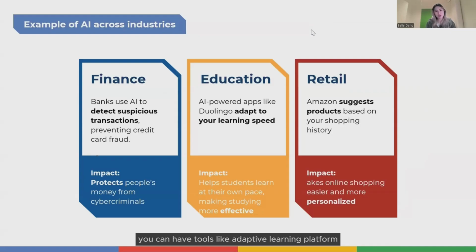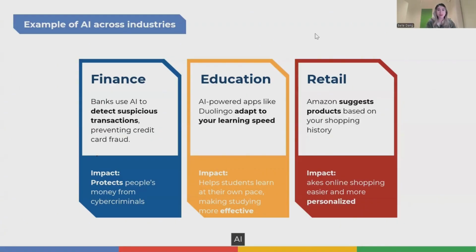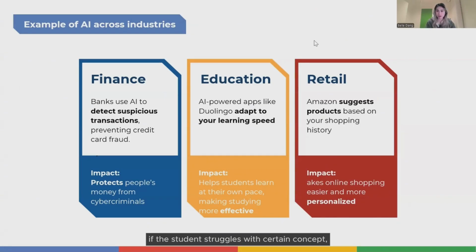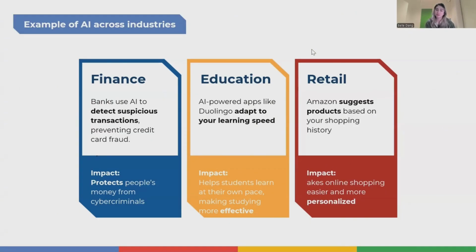In education, you can have tools like adaptive learning platforms that can tailor lessons to each student's pace, making learning more effective. They can range from very smart, integrated all-in-one learning management systems to more specific edtech apps like Duolingo or Squirrel AI. These apps personalize learning and adjust lesson difficulty based on the student's progress. They can help if students struggle with certain concepts or certain vocabulary by giving extra support, while allowing advanced learners to move ahead.